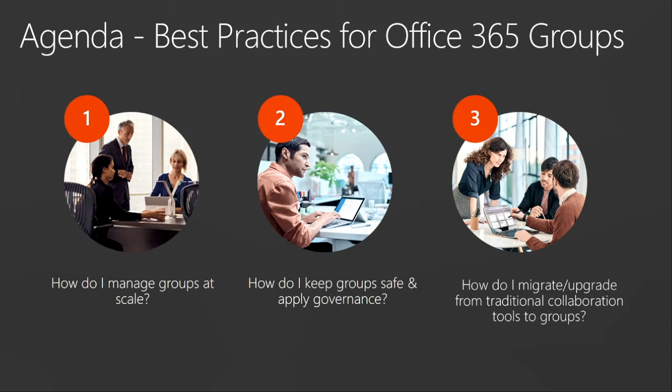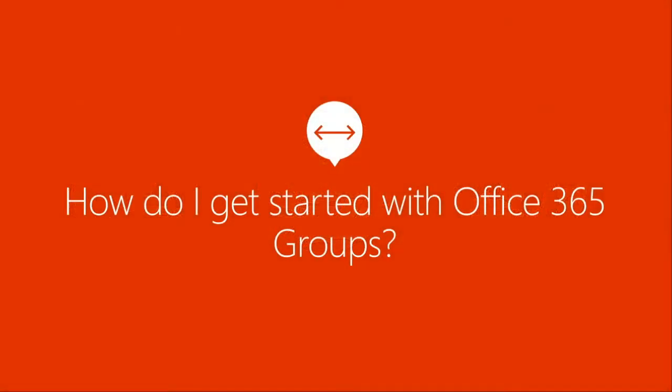And the third option we will talk about today is how can I manage and upgrade my legacy systems, for instance, distribution lists or public folders or any other traditional collaboration tool to Office 365 Group and work with them in practice. So how do we get started with Office 365 Groups?